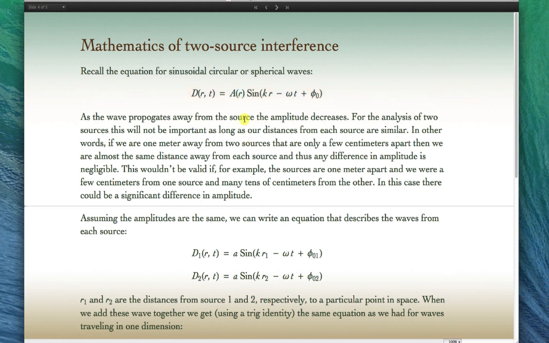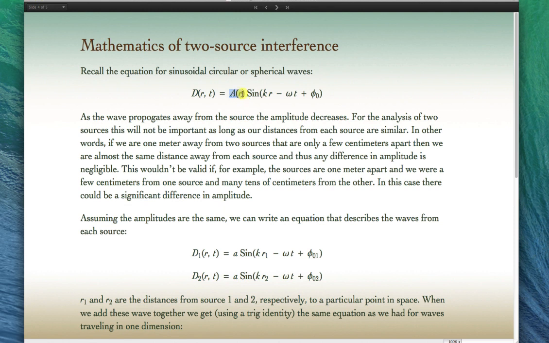For now, that's not going to be too important for us because as long as we're looking at situations where the sources are close together compared to the distance that we are from the sources, any difference in amplitude from one source compared to the other is going to be negligible. If we have two sources that are, let's say, a meter apart, and we are maybe 1 or 2 centimeters from one of the sources, then yeah, you're going to see a significant difference in the amplitude from one source versus the other.